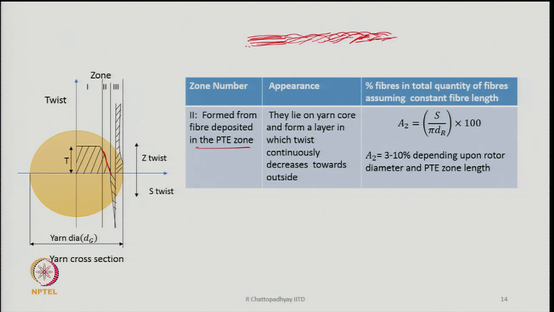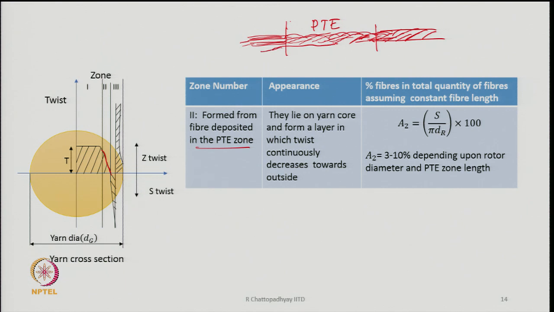So, twist is initially less, and then you have parallel from here to there, let us say is my PT zone, and then onwards this twist is full as the nominal yarn twist. So, here when the fiber is lying here like this, part of it is receiving some twist and part of it is receiving much less twist. So, this zone will receive more twist, this part will receive less twist.